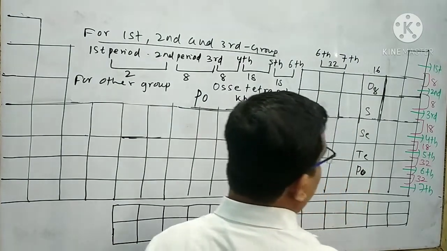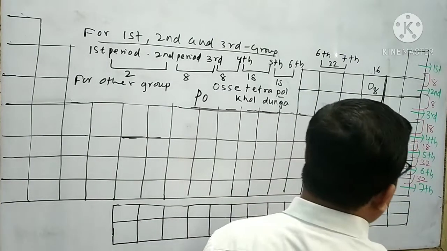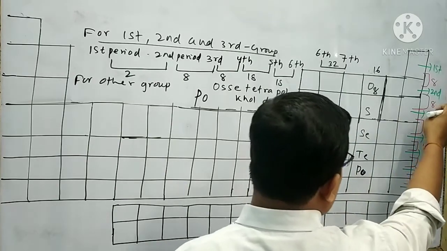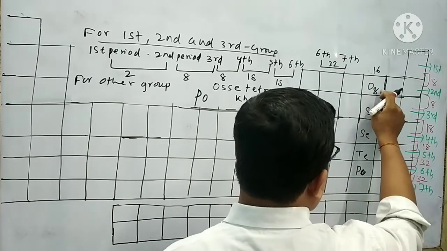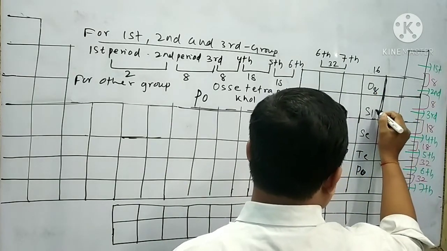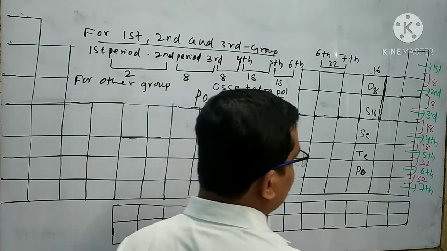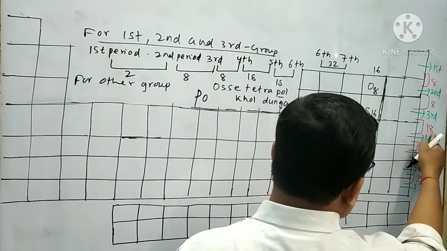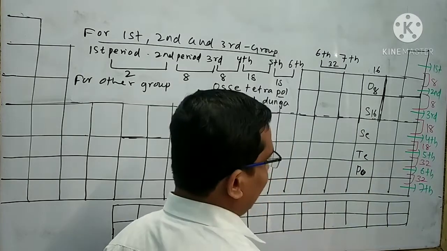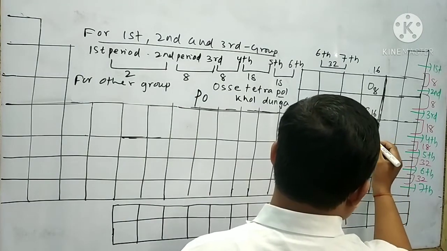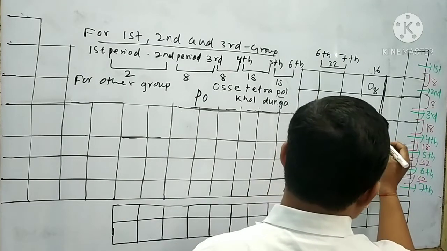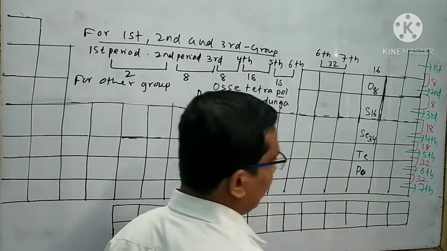When we come from second period to third period, generally we add 8. That means 8 plus 8, that is your 16. Next add 18 for selenium. That means the atomic number of selenium is 34.